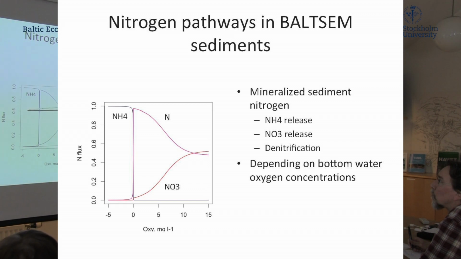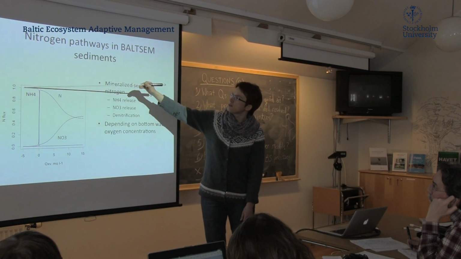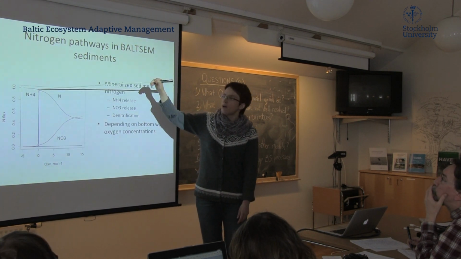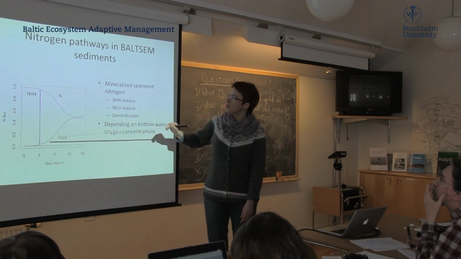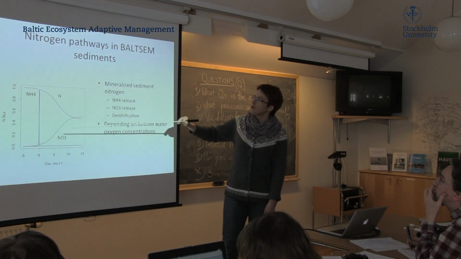So here I've plotted the ratio of each pathway to the nitrogen mineralization rate. If you are in an anoxic sediment, basically all the nitrogen that is mineralized from the sediment leaves the sediment as ammonium. And the more oxic you become, the more leaves the sediment as nitrate.